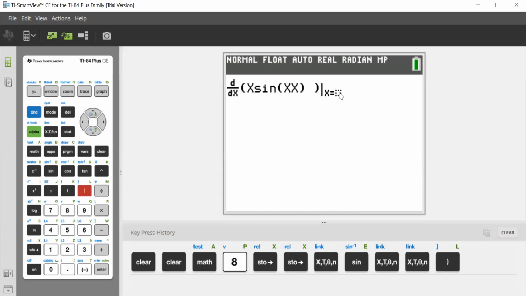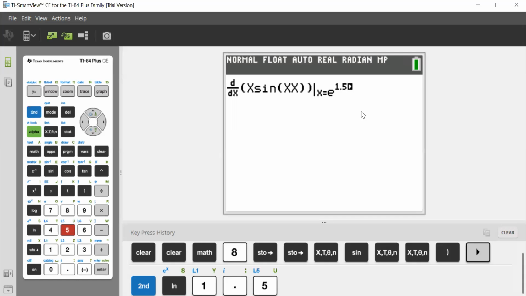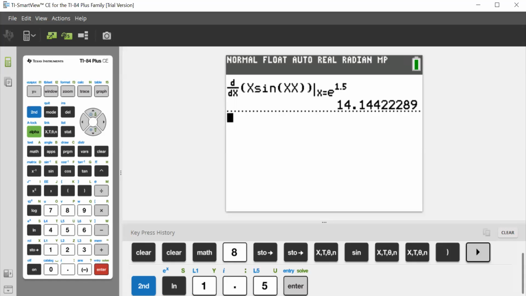All right, so x sine of x squared, and we're evaluating that at x equals e to the 1.5. Make sure that you're in radians for this, but that's all you've got to do. Hit enter, and you get 14.144.